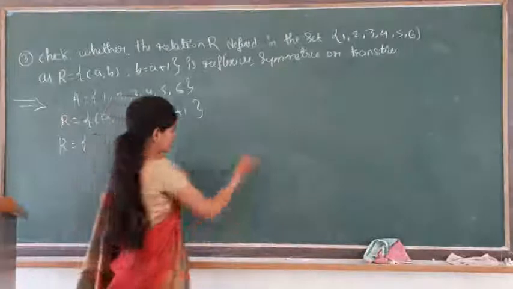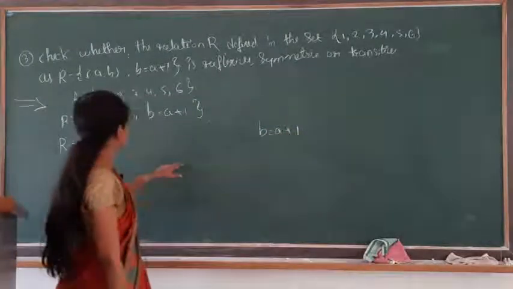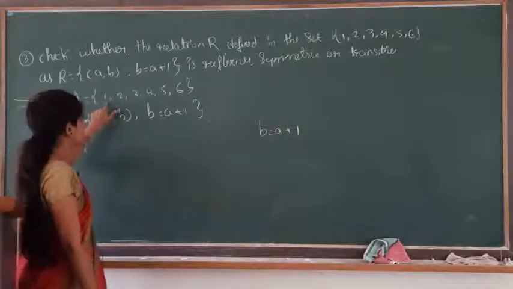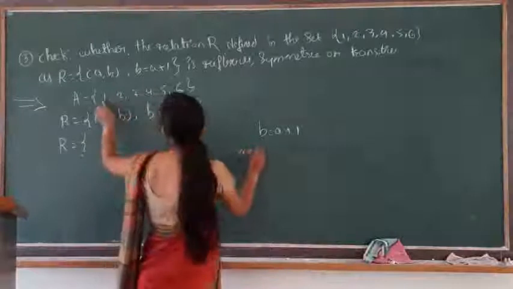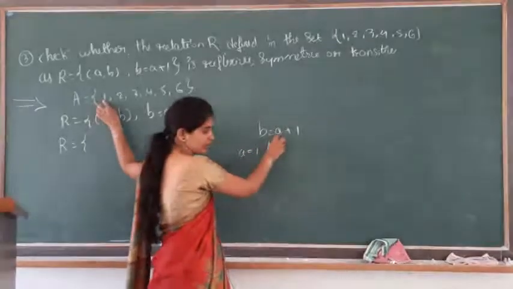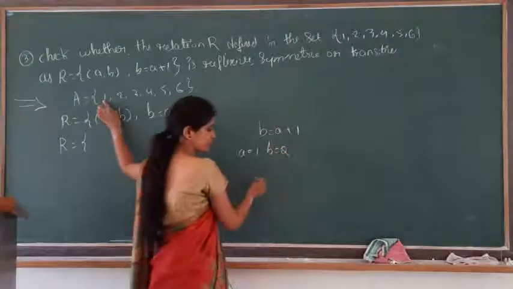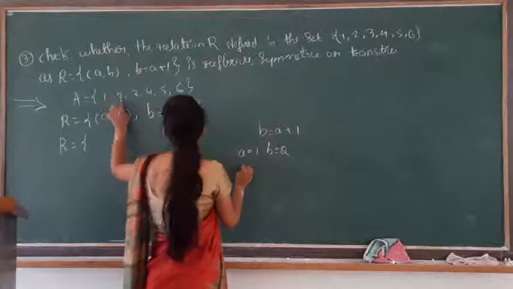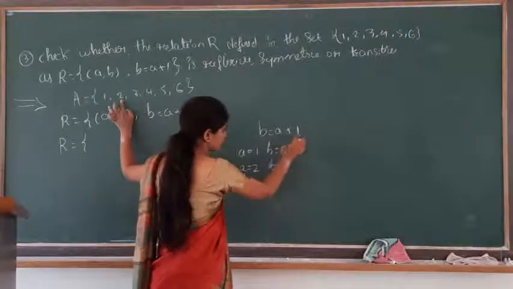Using this equation, b = a + 1. The given set is only 1 to 6. If a = 1, b is what? If you put a = 1 here, b is 1 plus 1, 2. b = 2. Then next, if you put a = 2, you will get b = 2 plus 1, 3.